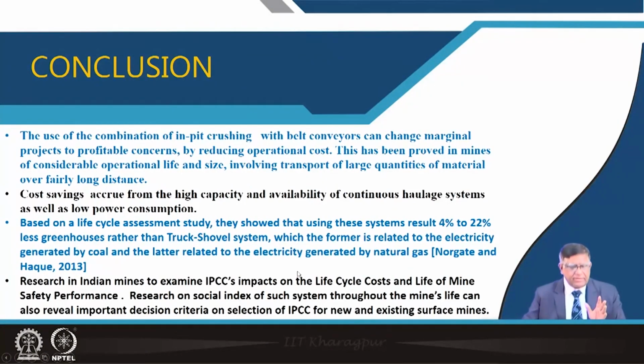As a conclusion, we can say the use of in-pit crushing combined with belt conveyors can change marginal projects to profitable ones by reducing operational cost. This has been proved in mines of considerable operational life and size involving transport of large quantities of material over fairly long distances. So, this will give you an idea of where we can think of this.